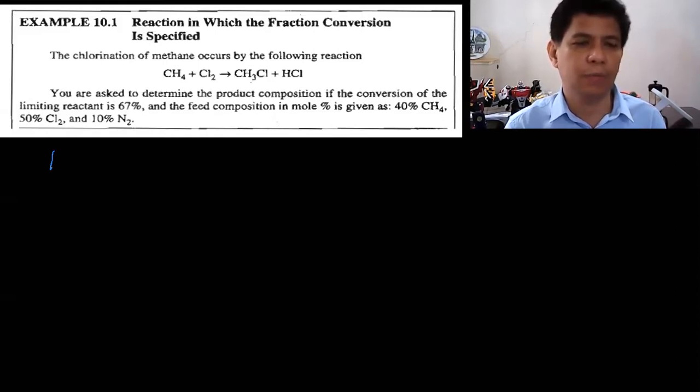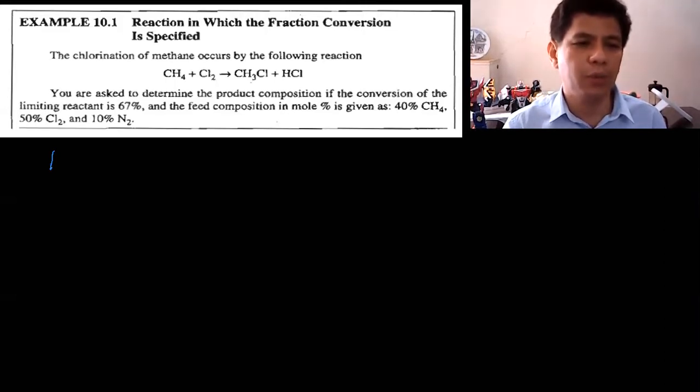You're supposed to be familiar with this reaction kung nag-organic chem na kayo. You are asked to determine the product composition if the conversion of the limiting reactant is 67%. And the feed composition in mole percent is given as 40% CH4, 50% Cl2, and 10% N2.